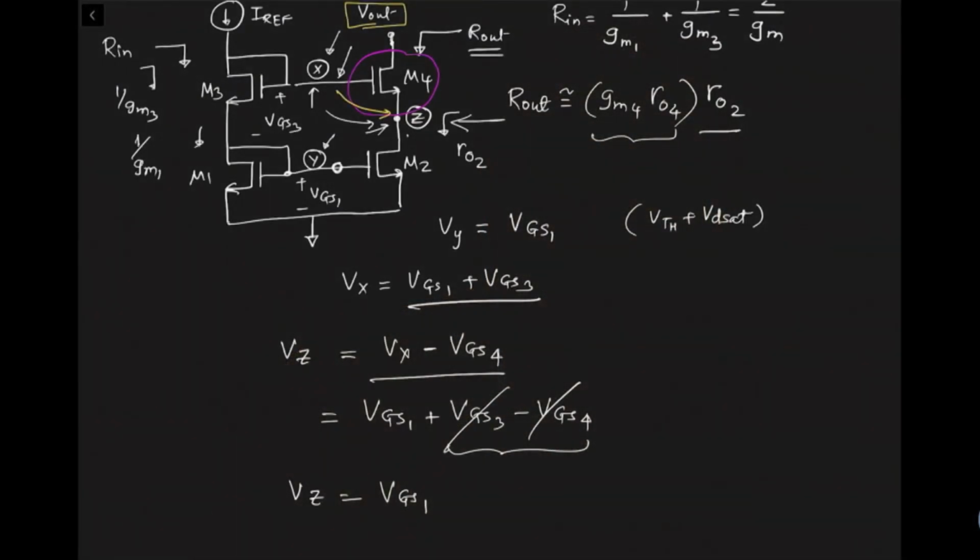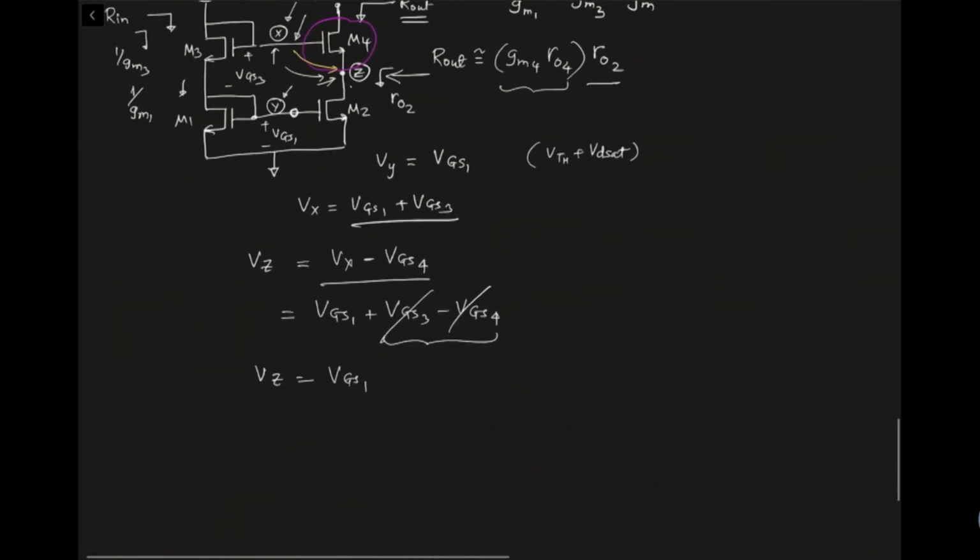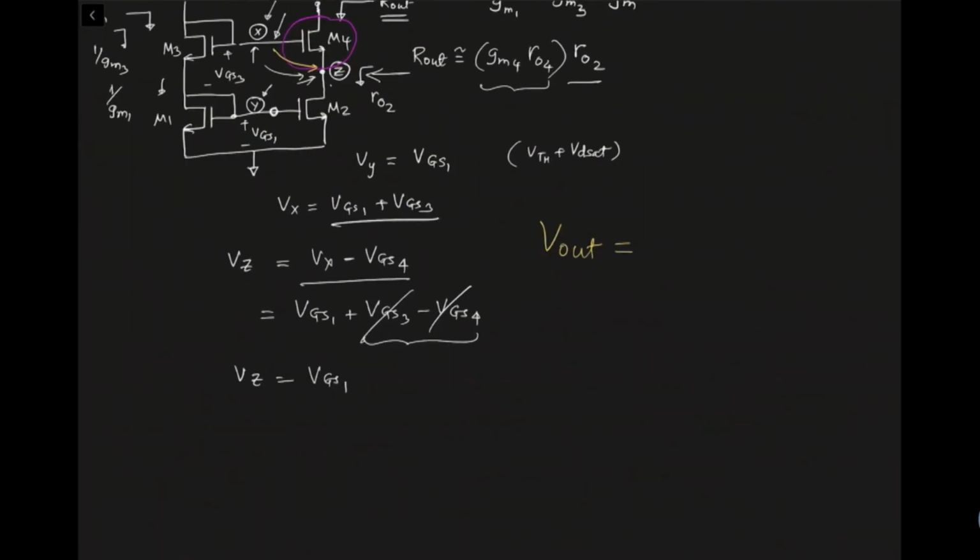Now, to keep the transistor M4 in saturation, the smallest Vout that we can have is when you have VDSAT4 across the transistor M4. So Vout will be equal to VZ plus VDSAT4.